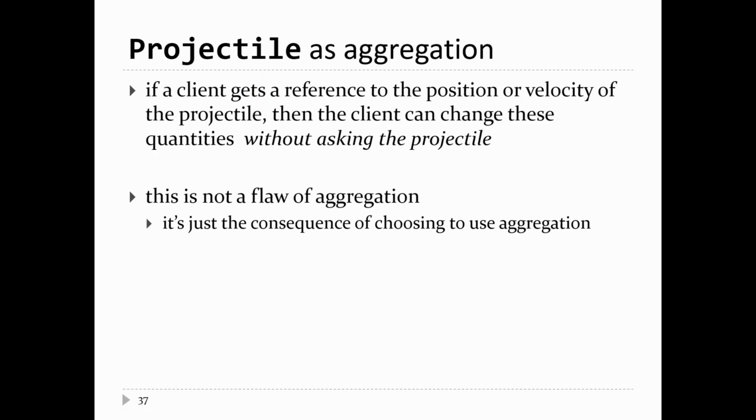All right, so what does this mean? If you implement an aggregation, you have to understand that you are implementing an aggregation. If a caller somehow gets a reference to the position or velocity of the projectile, then they can use that reference and modify either the position or the velocity.